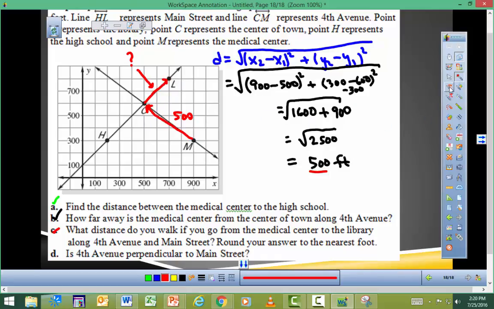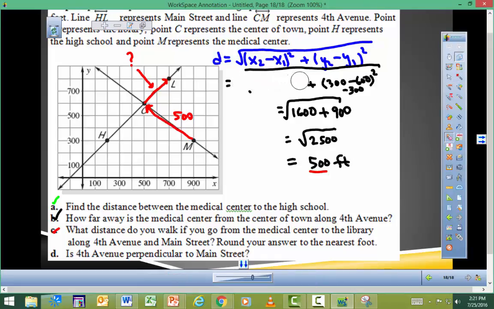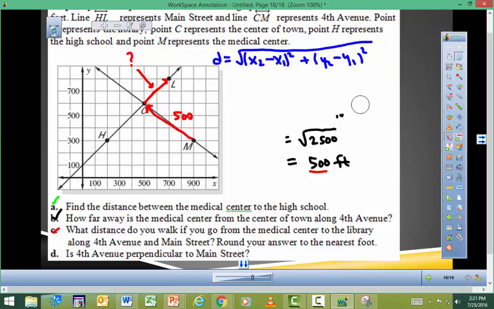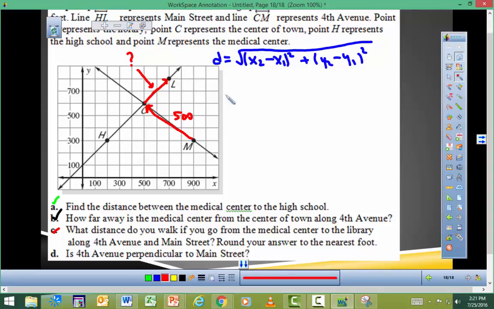So let's just repeat this process with this distance right here. So use my big eraser. Let's just restart this. Okay. So we're going to say it's equal to the square root. Alright, so we need some coordinates again.